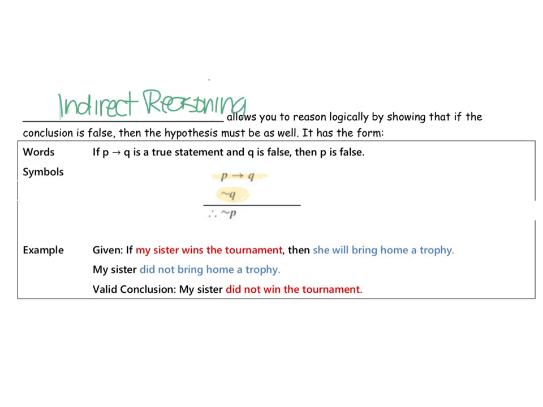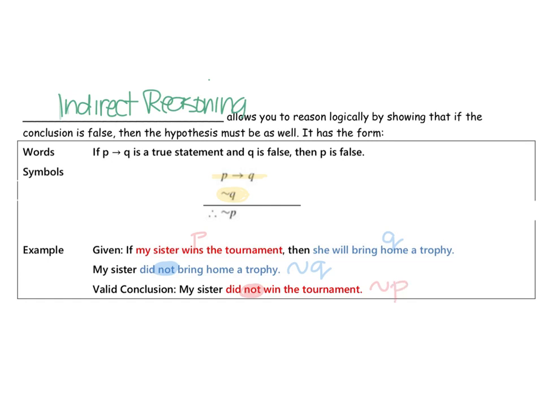Therefore, I can conclude that the negation of the hypothesis is true. So this one makes much more sense if we give it as an example. If my sister wins the tournament, P, then she will bring home a trophy, Q. My sister does not bring home a trophy. Remember, that's the negation of Q. Therefore, we can conclude she must not have won the tournament. That's the negation of P.